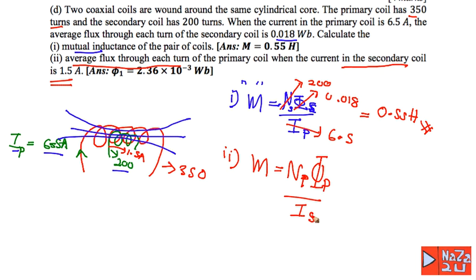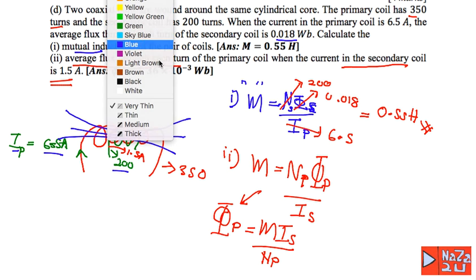So this is IS. So the flux through the primary coil is equal to M times the current in the secondary coil, divided by the number of turns of the primary coil.